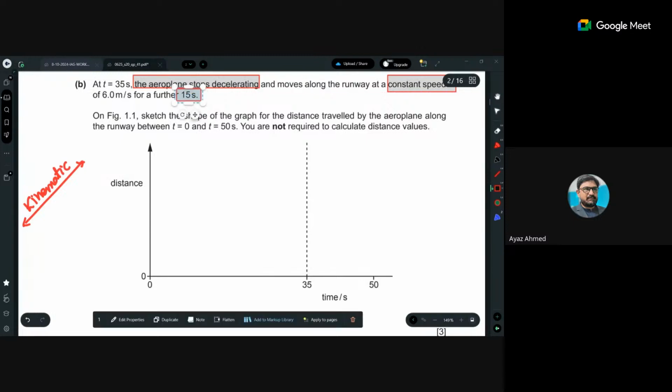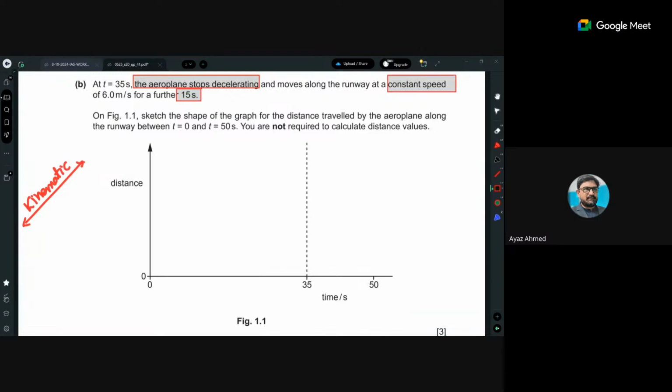So if it is clear to you, on figure 1.1, sketch the shape of the graph for the distance traveled by the aeroplane along the runway between time t equal to 0 and time t equal to 50 seconds. You are not required to calculate the distance values. Wow, the examiner played a very smart card: instead of putting the student into calculations, just award 3 marks and make the game over.